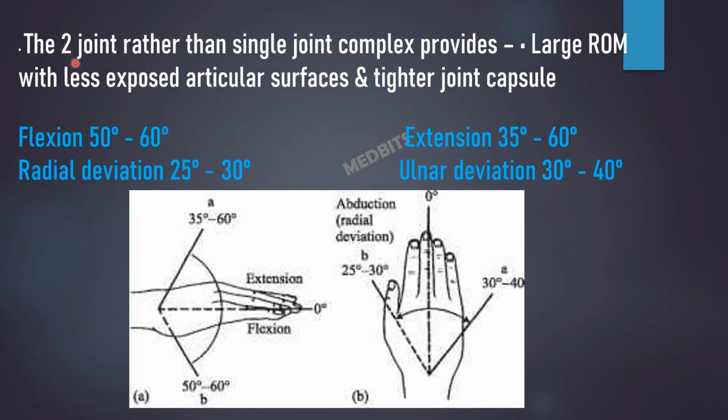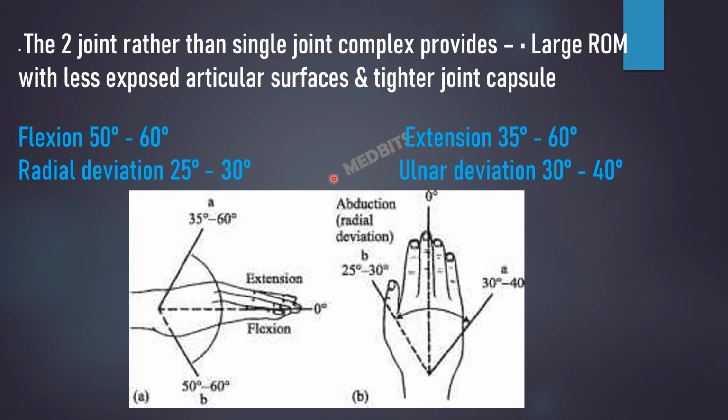The two-joint rather than single-joint complex provides a large range of motion with what? A less articular surface, right? Less articular surface and a tighter joint capsule.